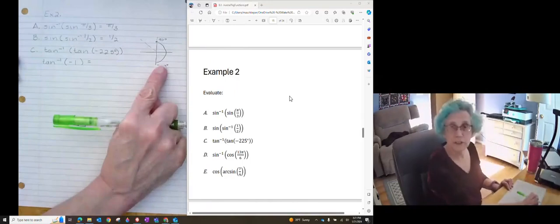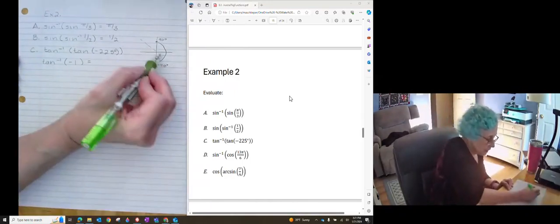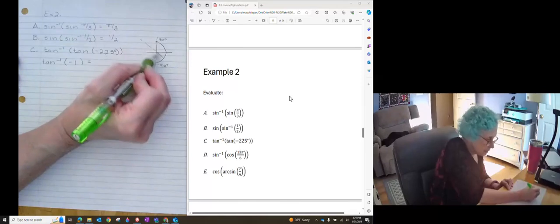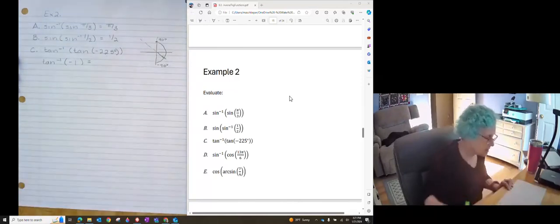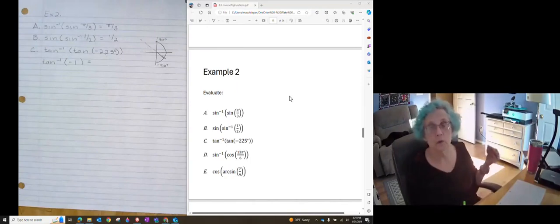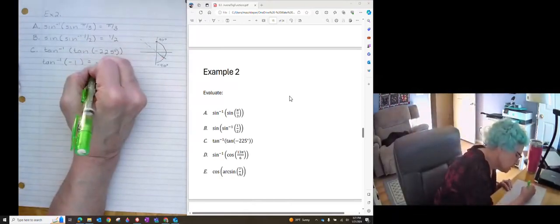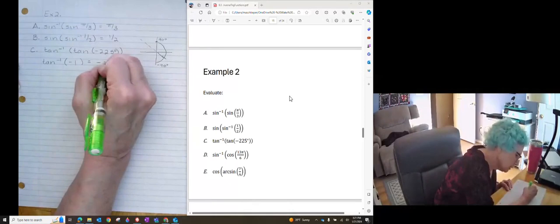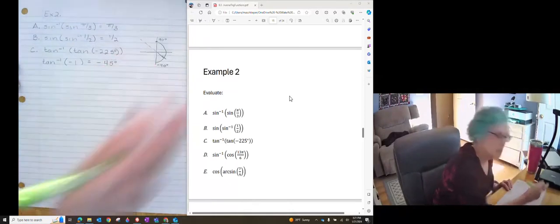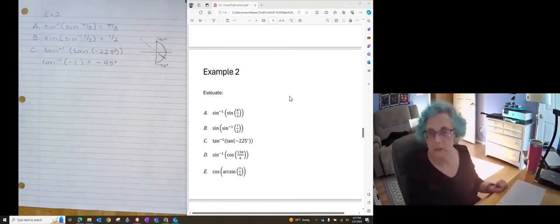And the inverse tangent of -1 lives down here where sine is equal to negative square root of 2 over 2, and cosine is positive square root of 2 over 2. So this would be negative. And since the question was in degrees, we'll give the answer in degrees.